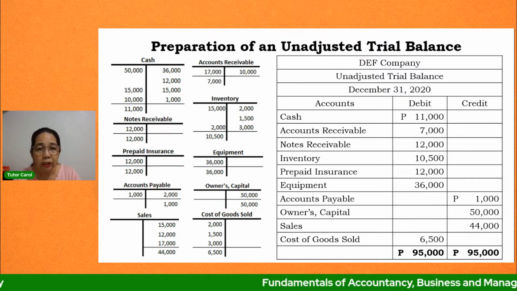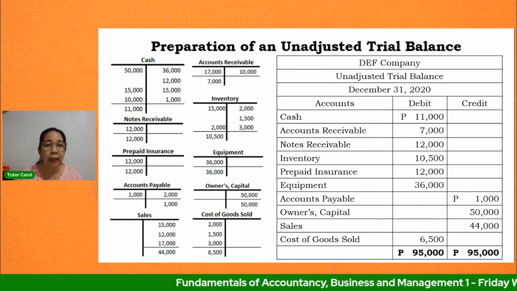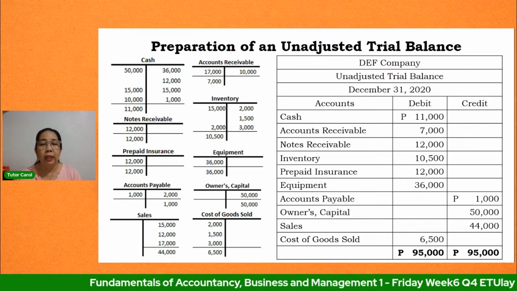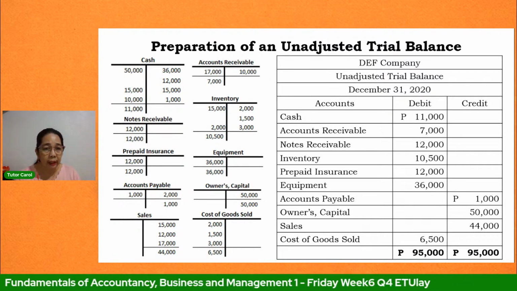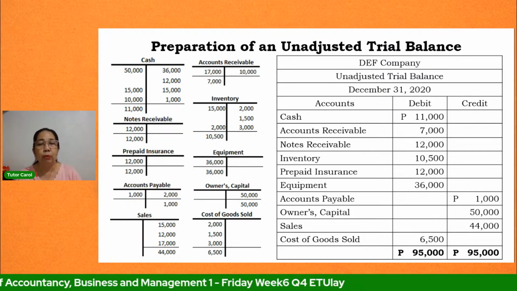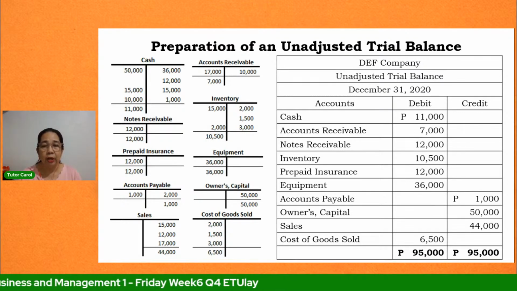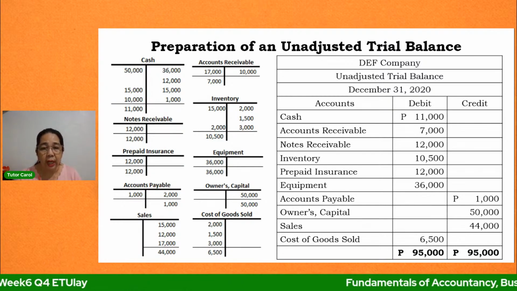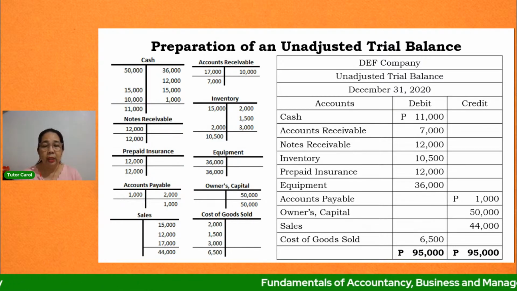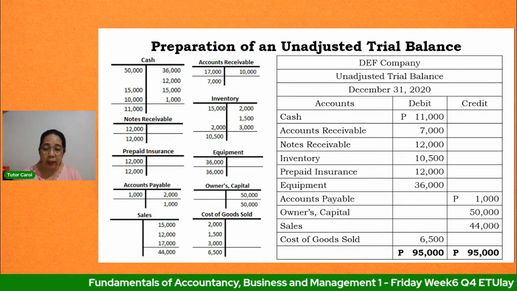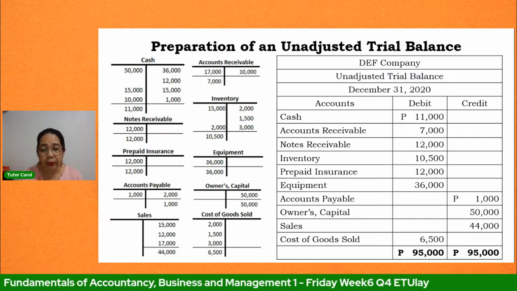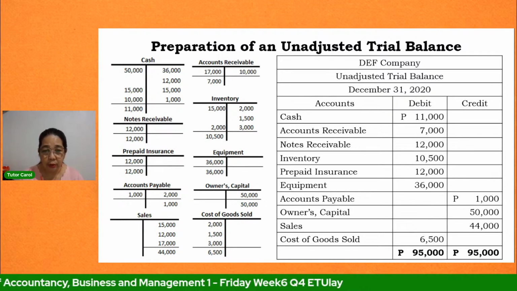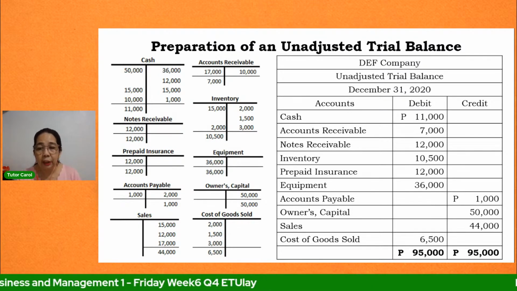Ililipat nyo lang yun dyan. Yung mga ending balance nila, pag sa debit, ilagay mo sa debit. Pag nasa credit sa T-account, ilagay mo sa credit side sa trial balance. And then, you total both sides. Dapat pareho siya. But again, it does not necessarily mean that there are no errors.